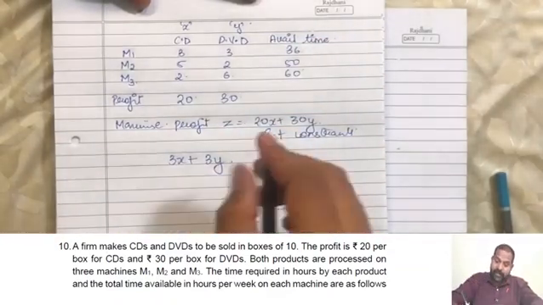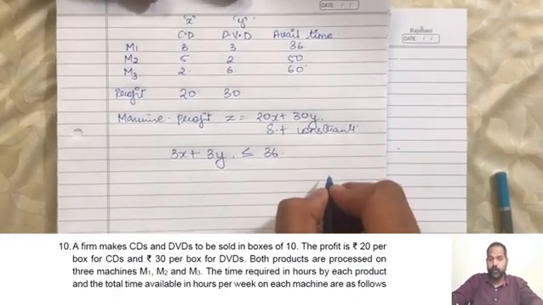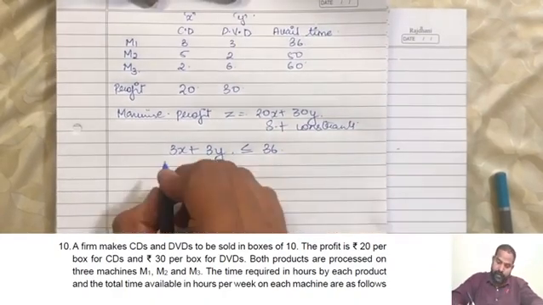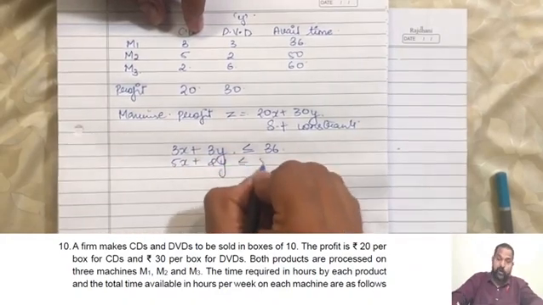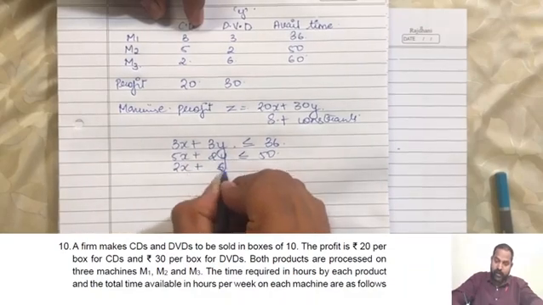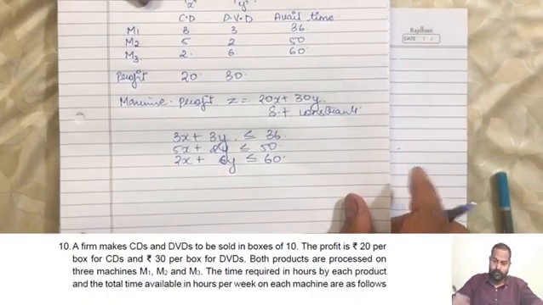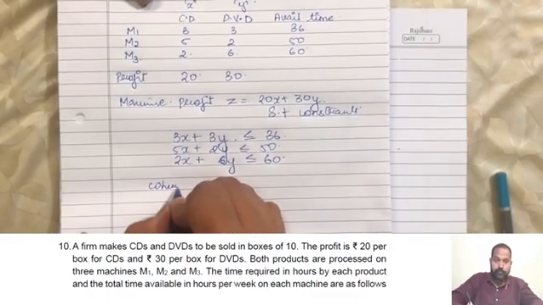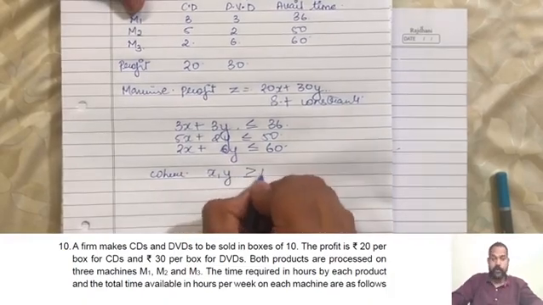So I will say that 3x plus 3y should always be less than or equal to 36. Then 5x plus 2y should always be less than or equal to 15. 2x plus 6y is always less than or equal to 60. Where x and y are always greater than or equal to 0.